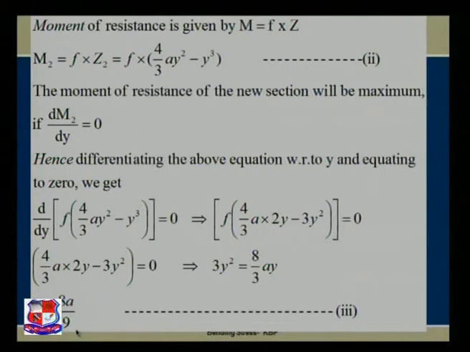What does it exactly mean? It means the distance from the central point to the top flat portion is y equal to 8 by 9 times a, where a is half of the diagonal. Then we can get the maximum bending stress, maximum moment of resistance.